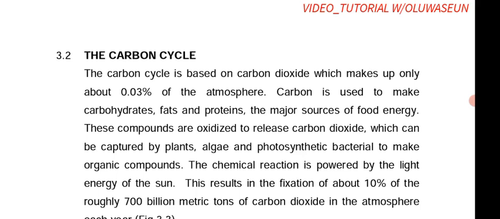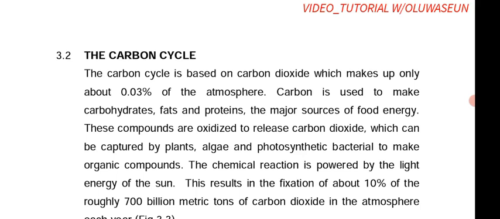It's three things they make use of. They use these to produce oxygen and energy. The oxygen they produce is what we use for breathing. And then when we take in the oxygen, we release carbon dioxide back for them to reuse. So that is how the movement takes place.